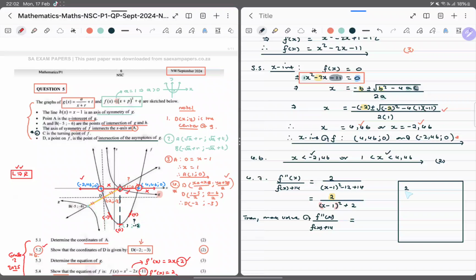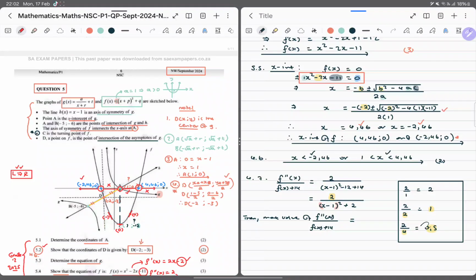Take, for example, 2 over 1. This is equal to 2. But take 2 over 2. This is 1. Take 2 over 4. This is 0.5. Can you see as the denominator gets bigger and bigger, the result gets smaller and smaller?